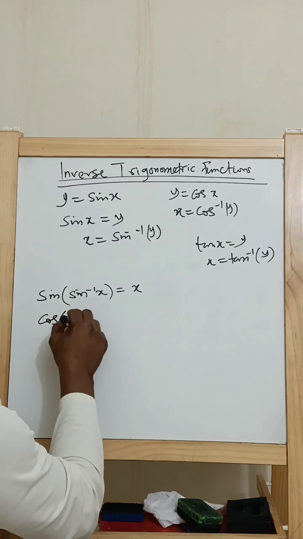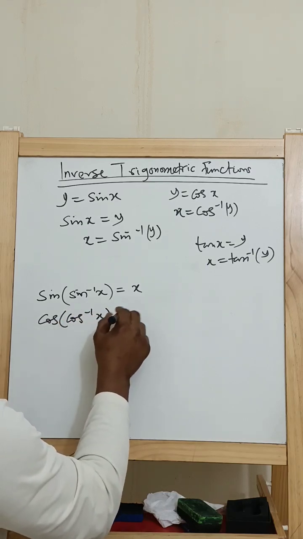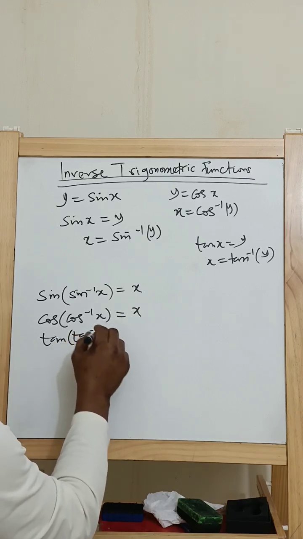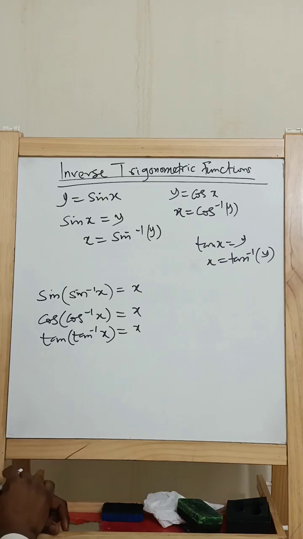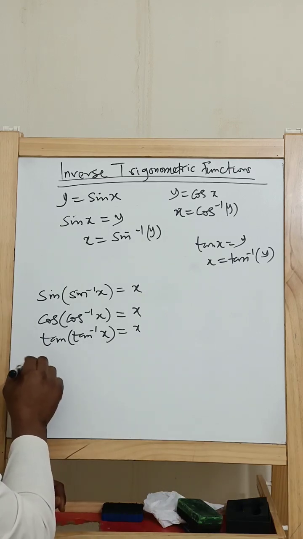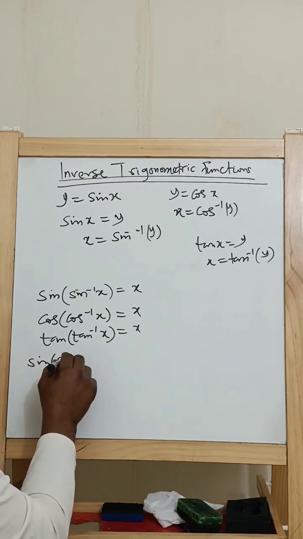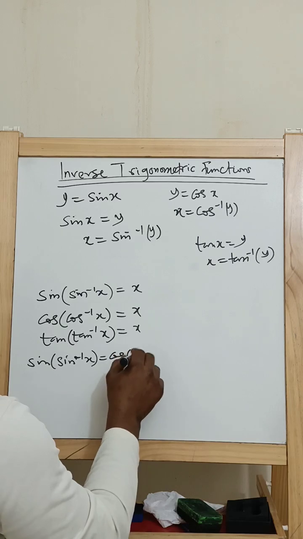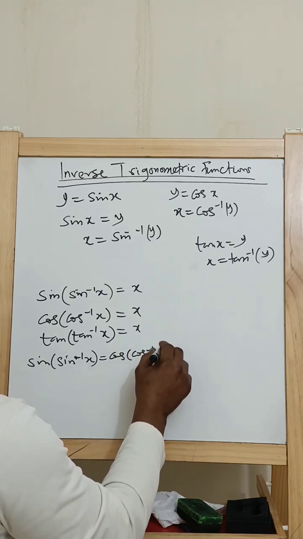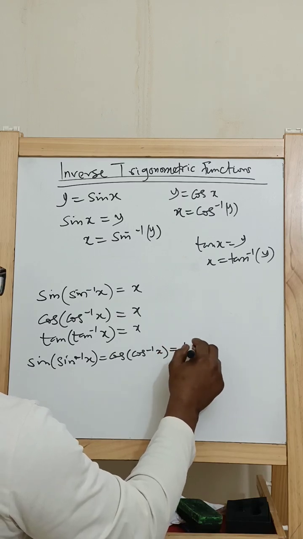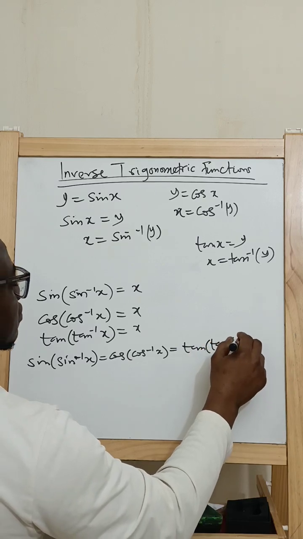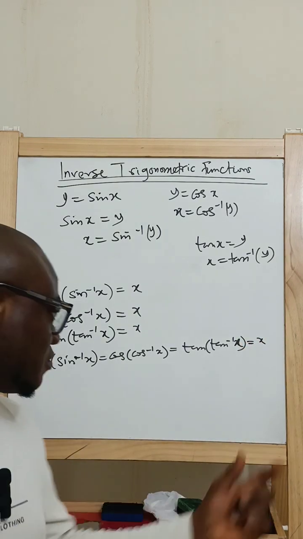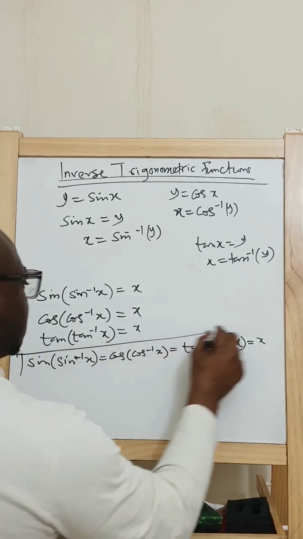Then cos of cos inverse of x is still going to be x, and tan of tan inverse of x is still going to be x. So this is one theorem.